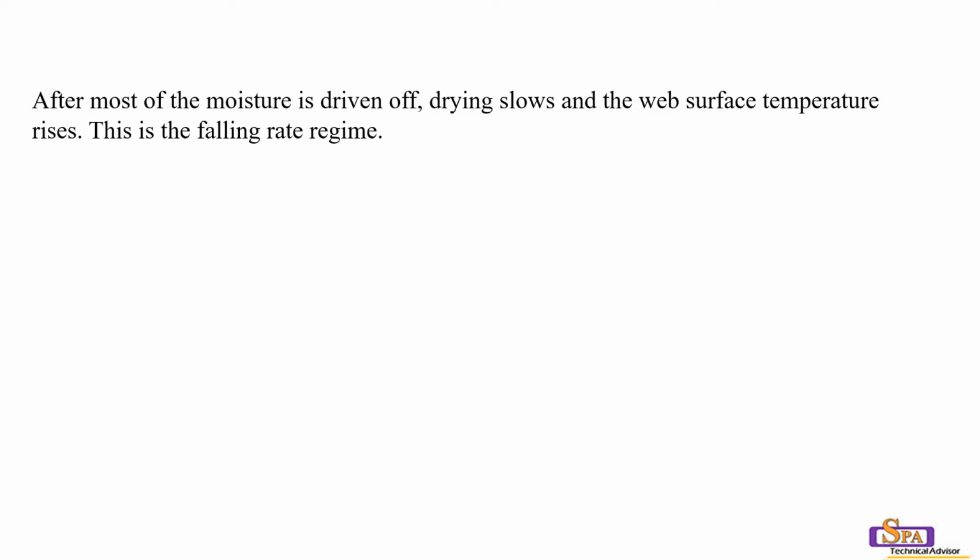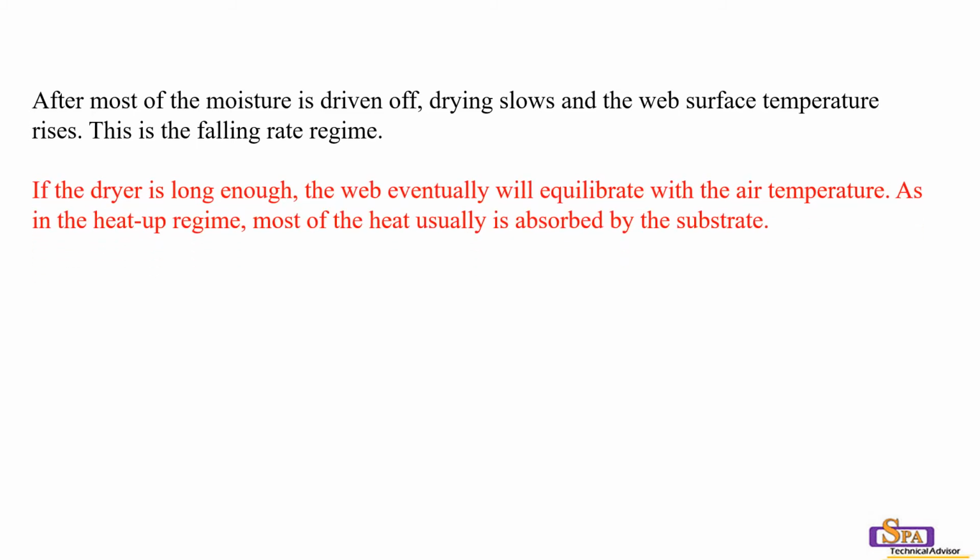After most of the moisture is driven off, drying slows and the web surface temperature rises. This is the falling rate regime. If the dryer is long enough, the web eventually will equilibrate with the air temperature as in the heat up regime.